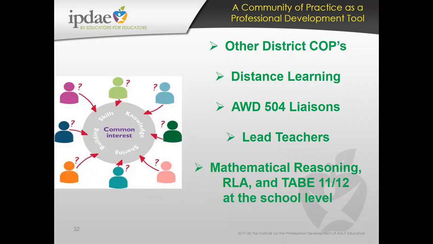Each main school has an Adults with Disabilities 504 liaison who's responsible for helping to write the 504 plan for any student at that site. They serve as a member of the 504 team for their school. And they meet with that team at the school whenever a student self-discloses they need accommodations.